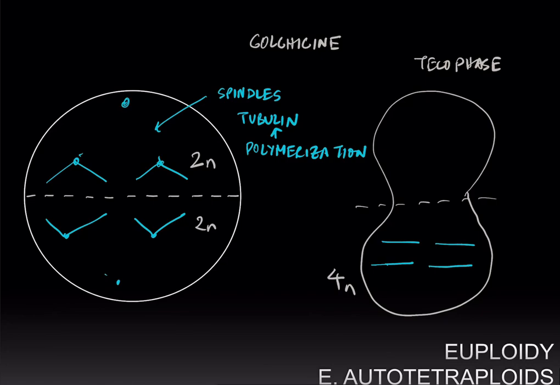And if these tissues, and this is most common in plants, give rise to germ tissue, so let's say this develops into a flower, then those gametes will be diploid.